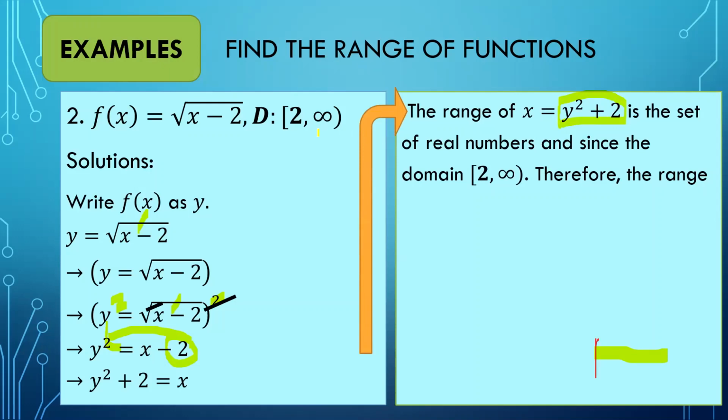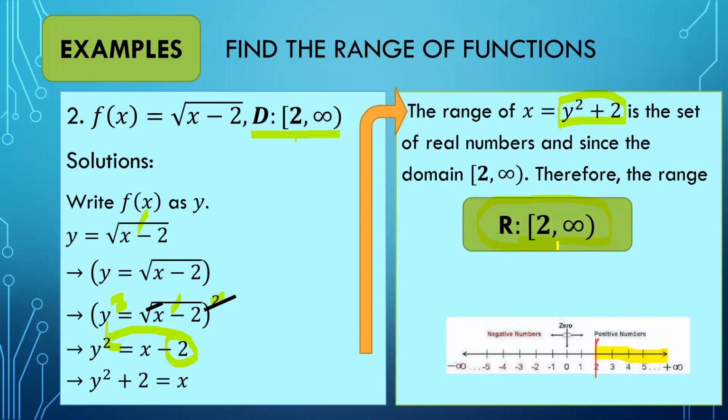Since the given domain is from positive 2 to positive infinity, we take the intersection of that. From negative infinity to positive infinity, the range intersecting with the domain from 2 to positive infinity, the range will be from 2 to positive infinity.